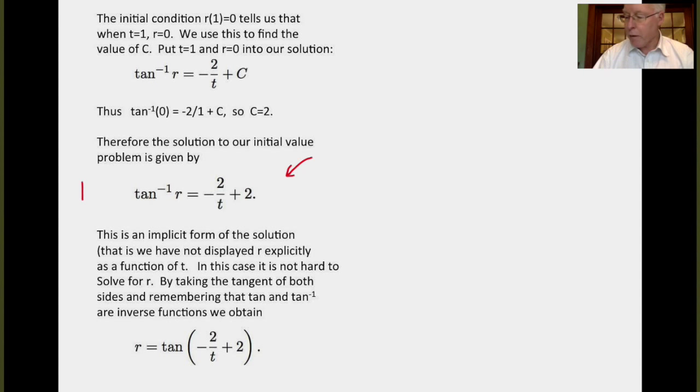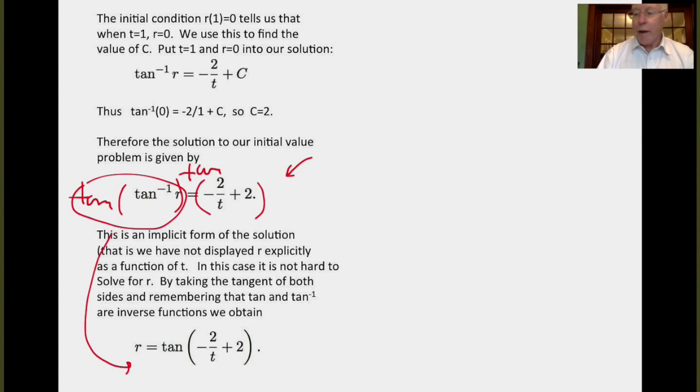So up here, we've just taken the tangent of both sides, tangent of inverse tangent here, and tangent of minus 2 over t plus 2 on the right. And this tangent of inverse tangent of r gives us the r back. So either one of these, the implicit or the explicit, are perfectly good solutions.